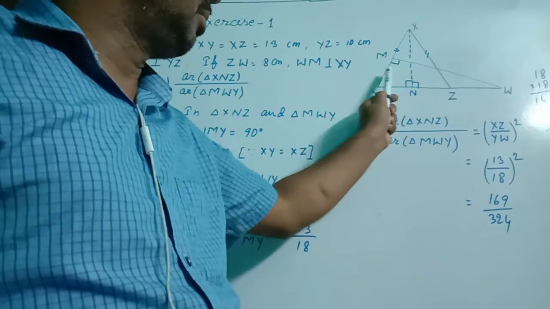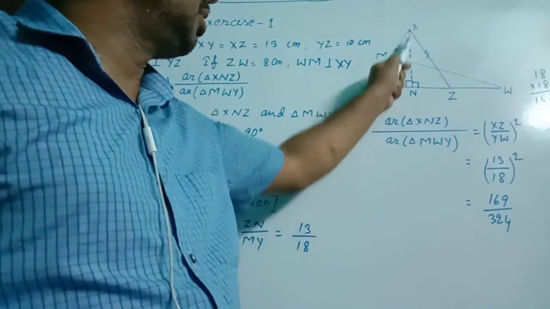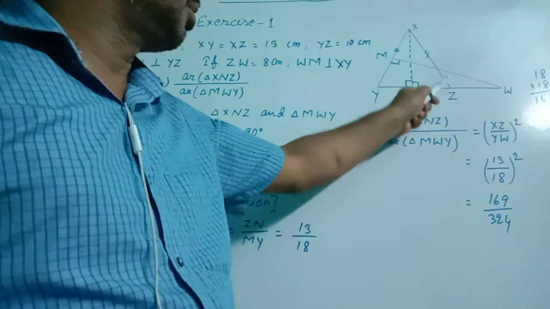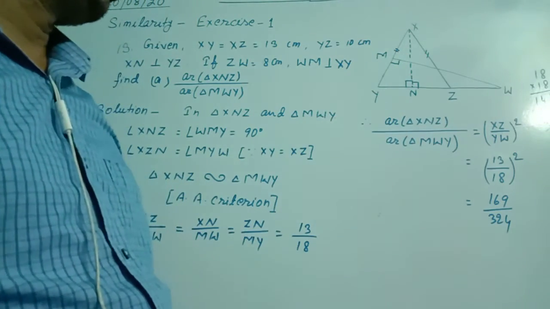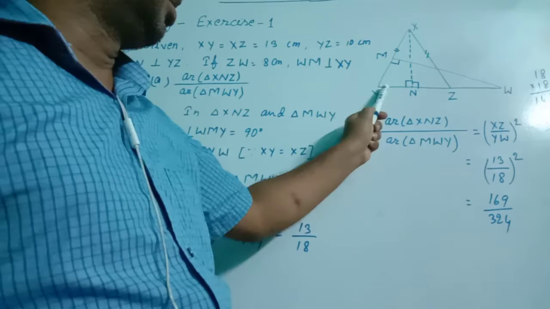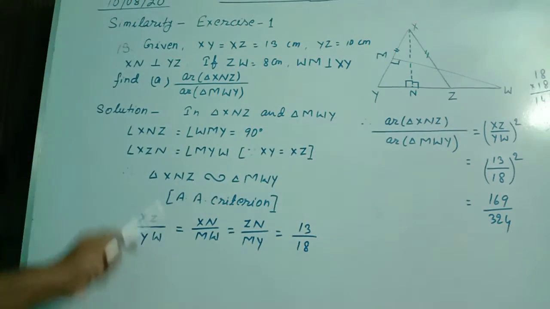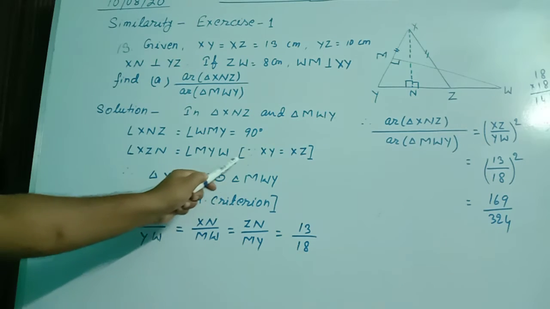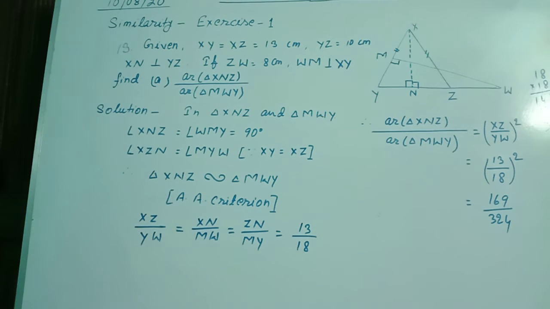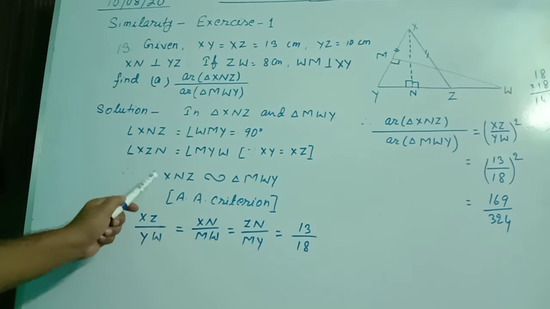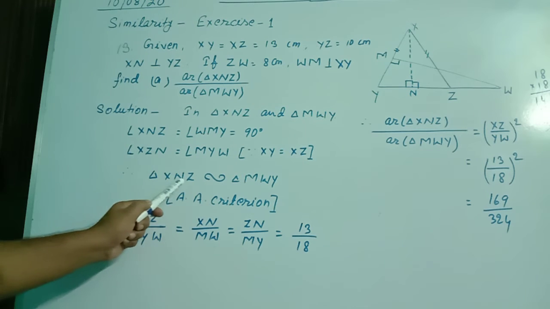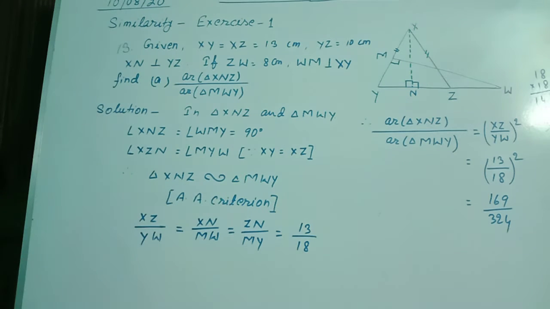These two angles are equal, and this angle lies in this triangle, so I wrote the name of this angle XZN, and this angle lies in this triangle, so I wrote the name as XYW. So XZN equals MYW because XY equals XZ. So by a criterion of similarity, triangle XNZ is similar to triangle MWY.